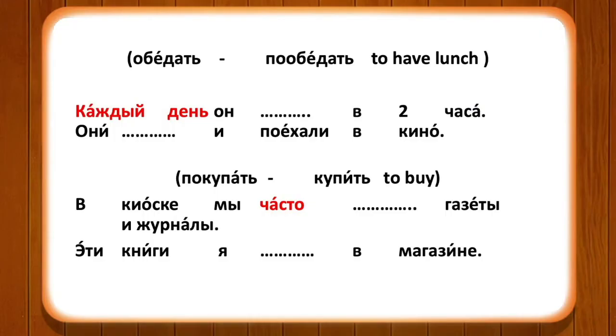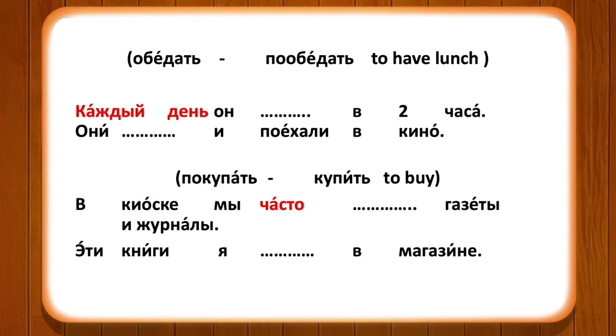In the next sentence, the verbs that you have to use are obedat', poobedat'. Obedat', poobedat' means to have lunch. Каждый день он dash в 2 часа. In this sentence, the phrase каждый день is used, which means every day. So every day he eats his lunch at 2 o'clock.